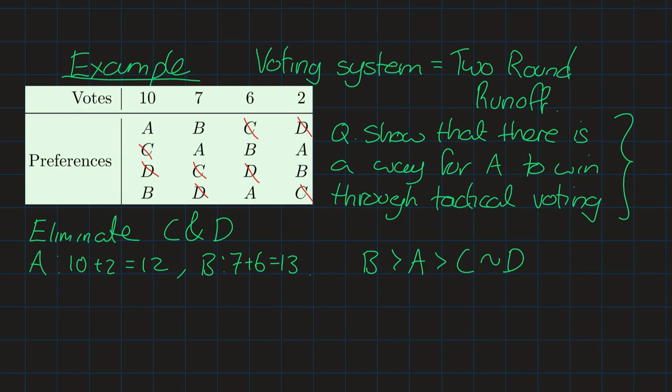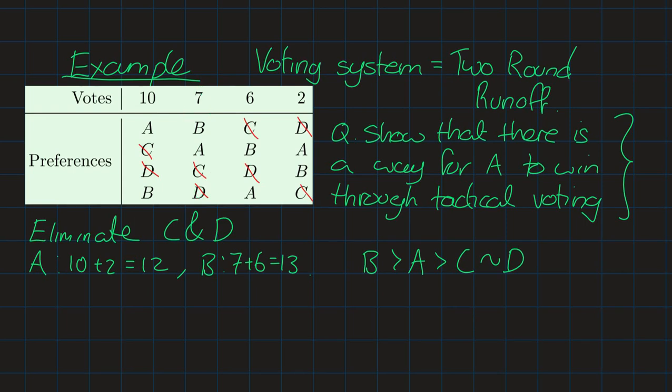Okay, so now I want to do some sort of tactical voting so that A wins. That's what the question was asking me to do. I can't just take these votes from B and move them over because these 7 people are happy. They can't be happier at the moment because B is the actual winner. So they're not going to be willing to change their votes at all.